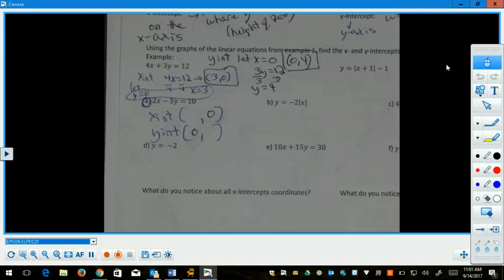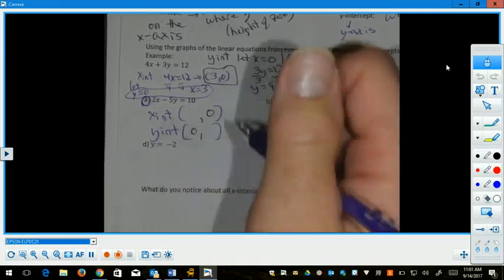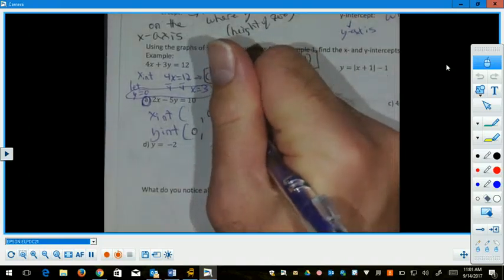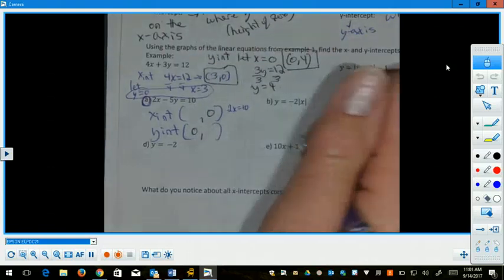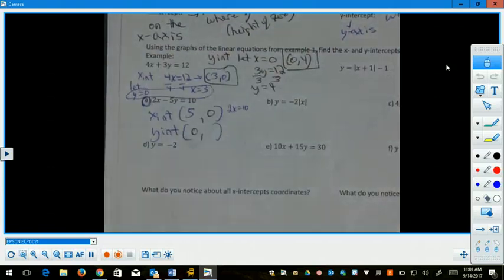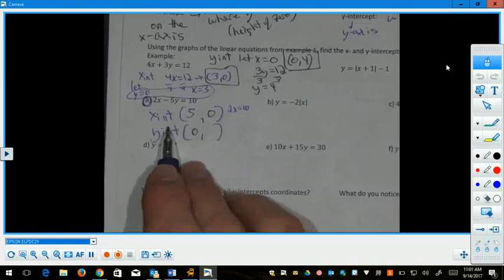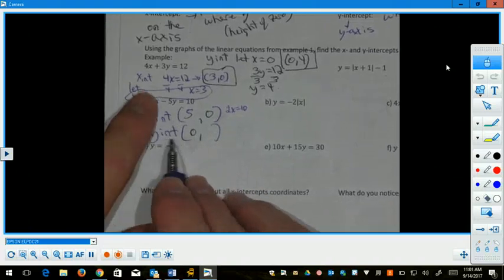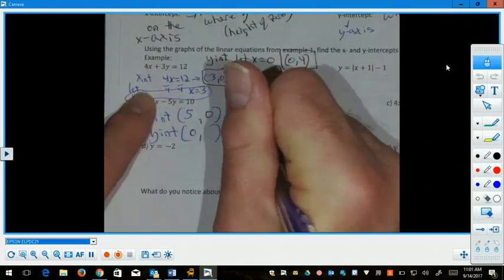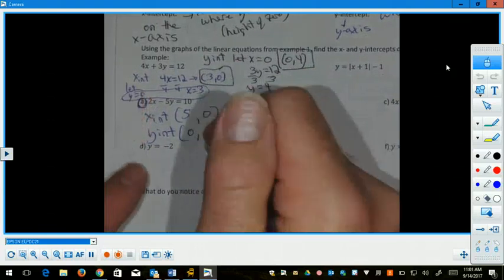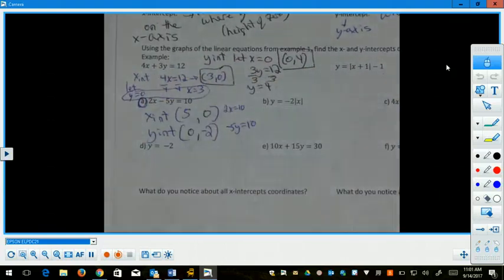Questions so far? If you did this right, when you went to find the x-intercept, you should have had 2x equals 10. So you should have got an x-intercept of 5, so 5, 0. When you plugged in 0 for x, you should have had negative 5y equals 10. So that would give you a y-intercept of negative 2.